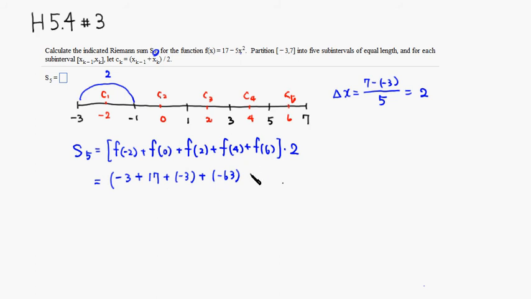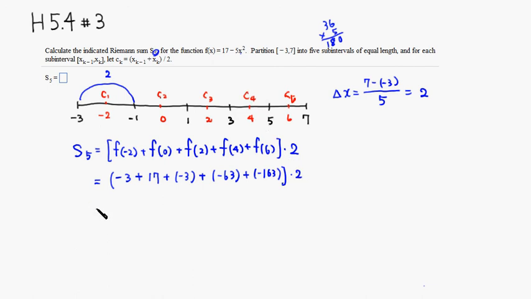And the last one, 6 squared would be 36, 36 times 5 would be 180. So 17 minus 180 is -163. Then multiply by 2.